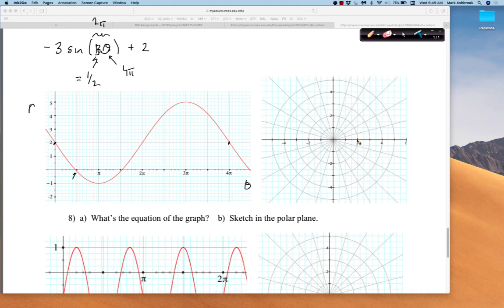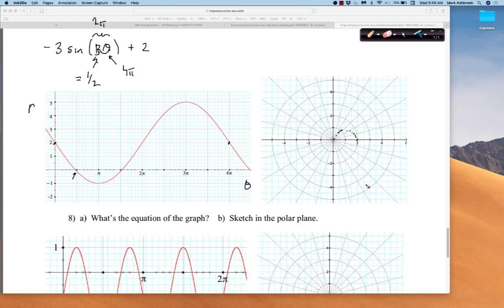And in between, we have decreasing r, right? So what does that look like? As we turn counterclockwise, we get closer and closer to the pole. Something like that. So you think about turning counterclockwise and r coming in as you do that, right?